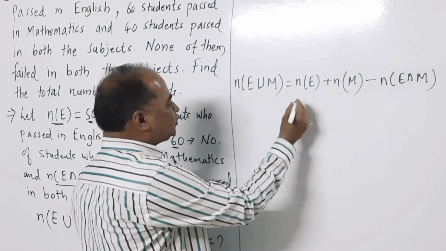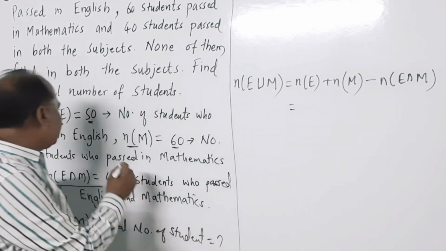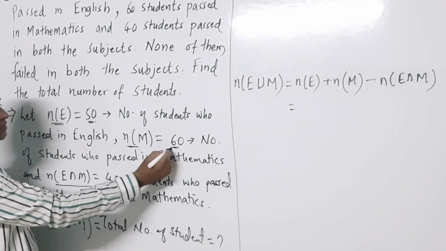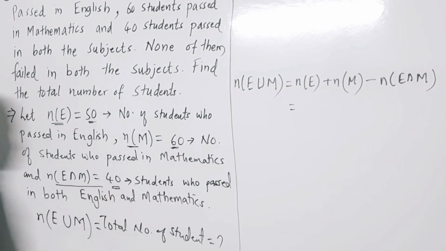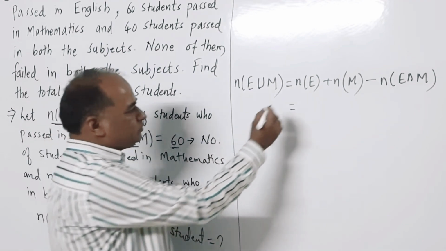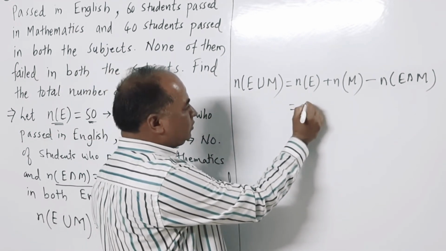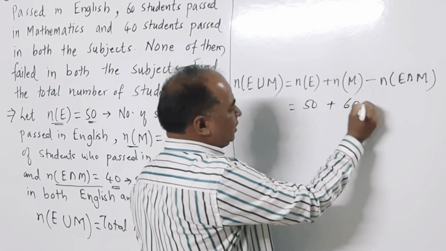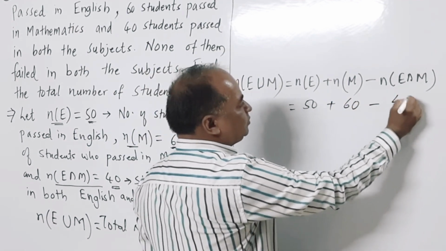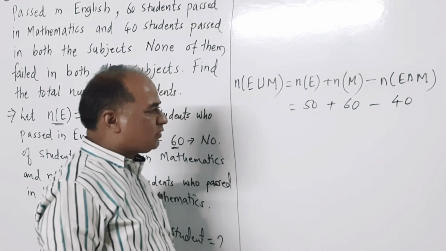So here the number of students who passed in English are 50 and maths 60, and the intersection is 40 students. So putting the values below, n(E) is equal to 50 plus n(M) is given as 60, minus both the subjects, those students who passed, 40.